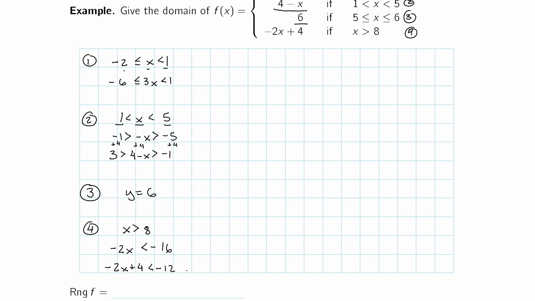Okay, how do we put all of this together to find the range of our overall function? Well, I'm going to turn to a number line again. The numbers that I have as endpoints, I think the smallest one is that -12. And then I have a -6 and a -1 and a 1.